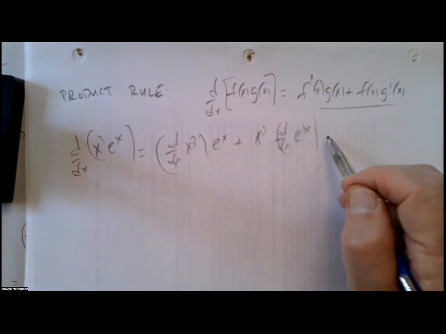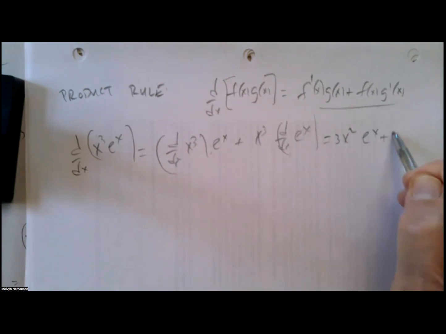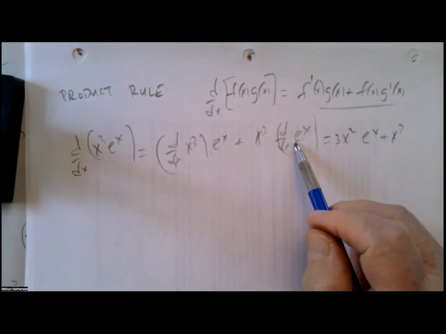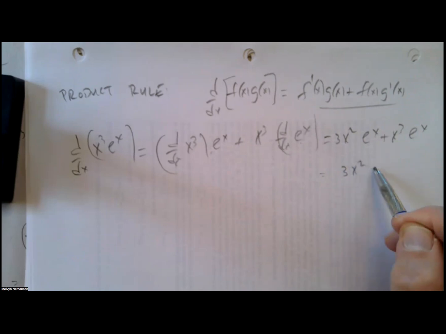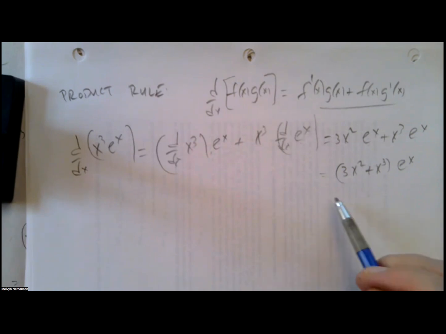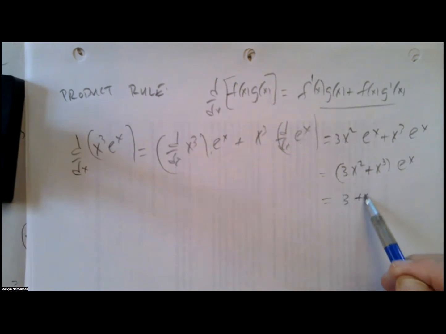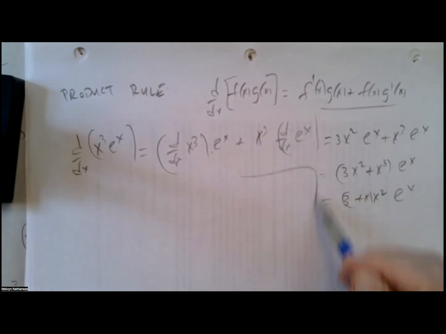Derivative of x cubed is 3x squared times e to the x, plus x cubed, and the derivative of e to the x is just e to the x. So if I can factor out e to the x, I get 3x squared plus x cubed times e to the x. Or if I want, I could write this as 3 plus x times x squared, because I can factor that times e to the x.